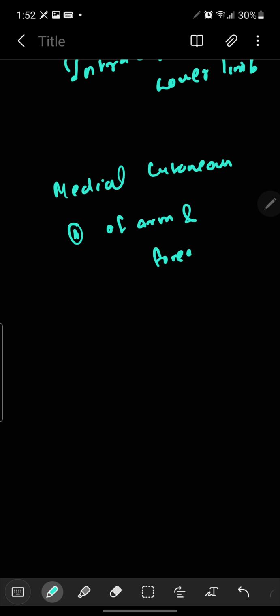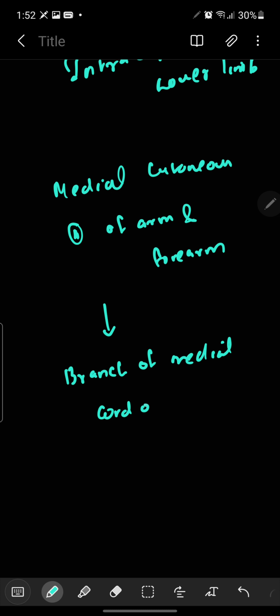Our medial cutaneous nerve of arm and forearm is supplied by a branch of the medial cord of the brachial plexus.